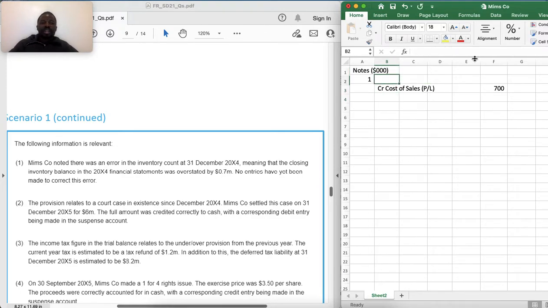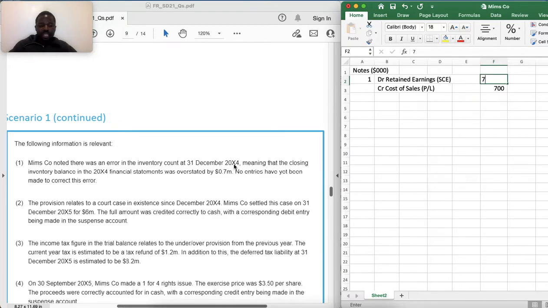Then we cannot debit the cost of sales of 20x4 because we are not doing 20x4. Rather, we will debit the retained earnings. That is the opening retained earnings as at 1 January 20x5. These are found on the statement of changes in equity.